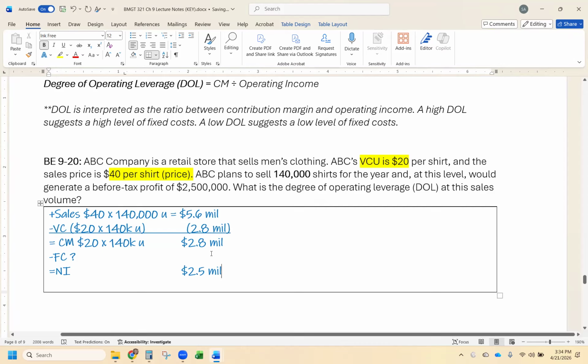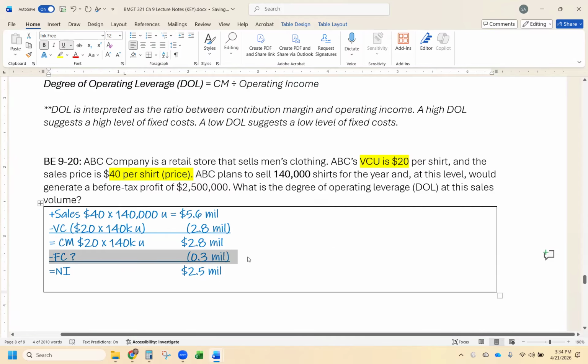So we can just subtract the 2.5 from the 2.8 and find out how much our fixed costs are. So that will be 300,000 or 0.3. And there we've got the income statement.